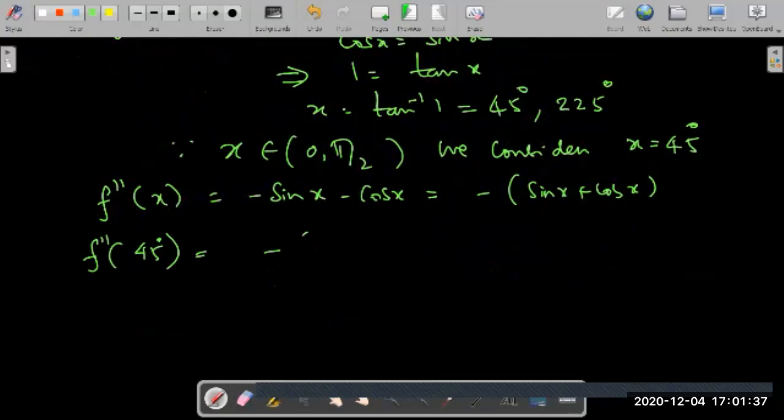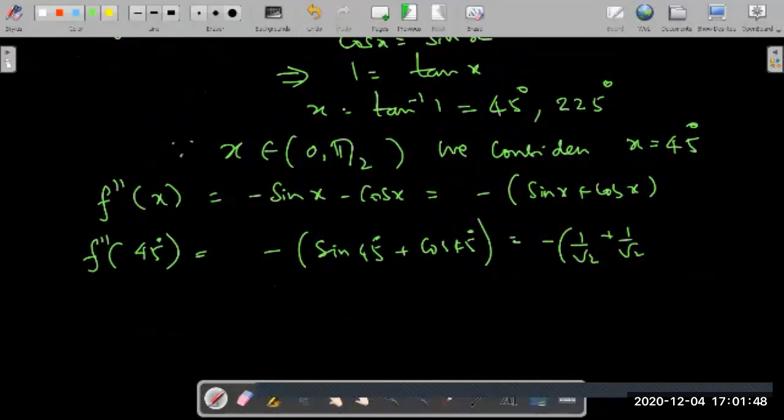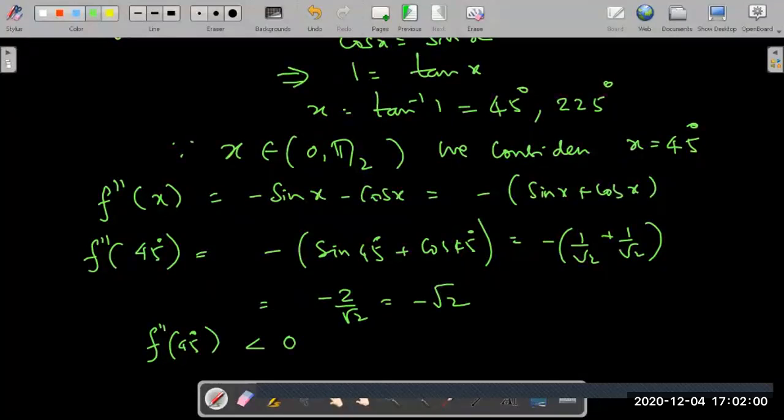That's equal to minus sin 45 minus cos 45, so I get minus 1 by root 2 minus 1 by root 2, that is minus root 2. So f double dash 45 degrees is less than 0. That implies f of 45 degrees is a maximum.